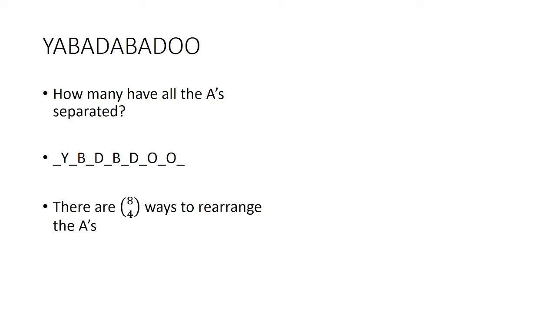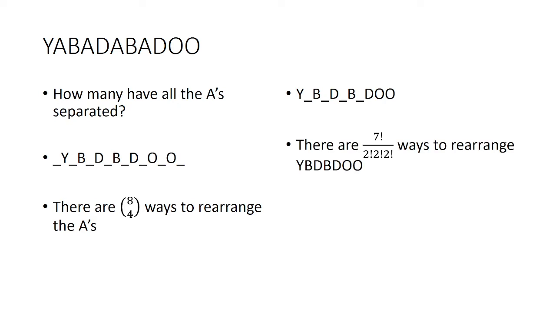But now we have to consider the rest of the letters like Y, B, D, and O. For those, there's 7 total letters, and that's going to be 7 factorial over 2 B's, 2 D's, and 2 O's, so those 2 factorials 3 times. That's the number of ways we can arrange those letters. So to combine that, we take 8 choose 4 and multiply it by 7 factorial over 2 factorial times 2 factorial times 2 factorial.